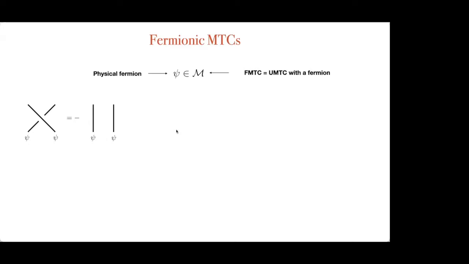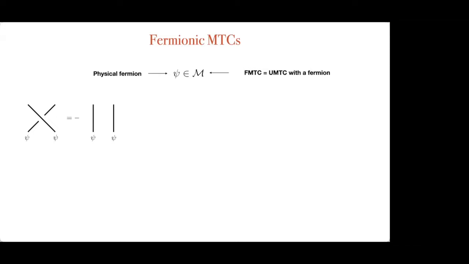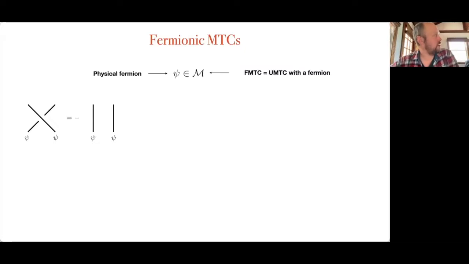May I ask a question? Yes. I'm just curious. If I try to realize your unitary modular category through a Chern-Simons theory, bringing in a fermion, is it coupling the Chern-Simons field to a fermion? Is it as naive as that? Yeah, so I'm actually not an expert at Chern-Simons theory or how you think about fermionic theories from that perspective, but I believe you would need to couple it to a spin structure in some way. I know there is literature on this that I could send to you.